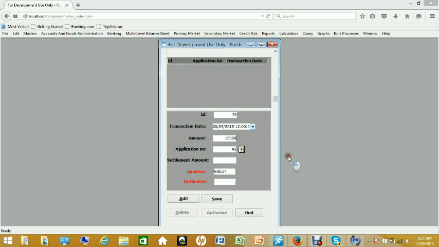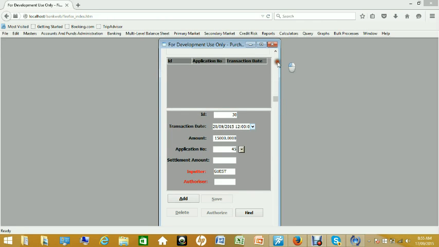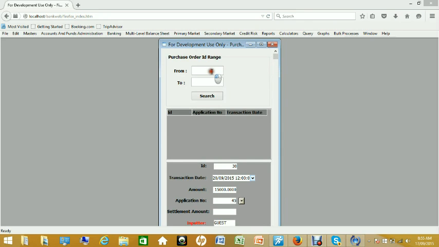It's 45. Let's save the transaction. Saved successfully. So let's check whether the records 28, 29 and 30 are being saved or not. So let's check 28 to 30. So there it is with application number 45.